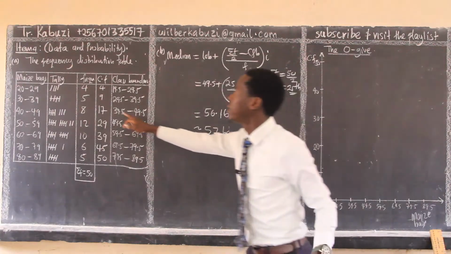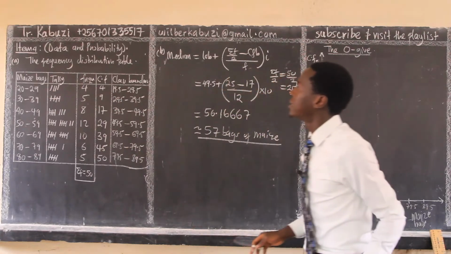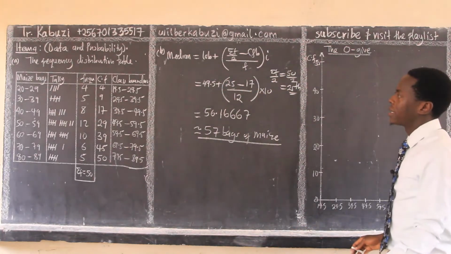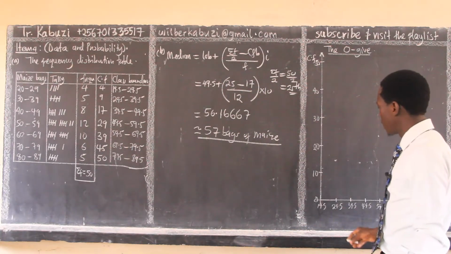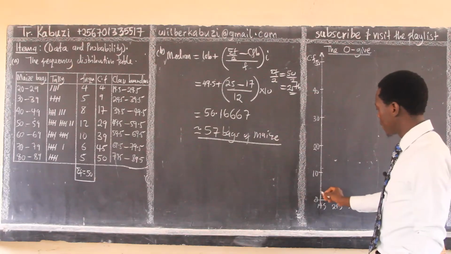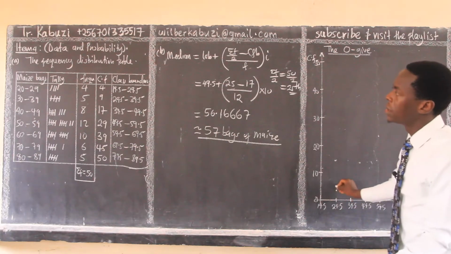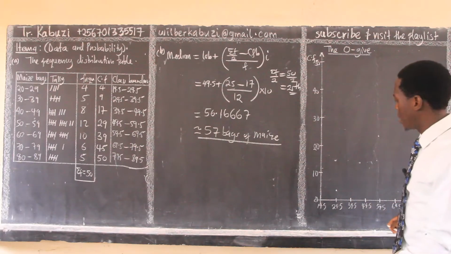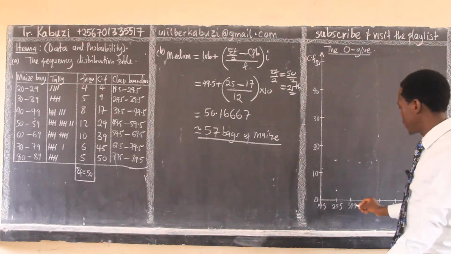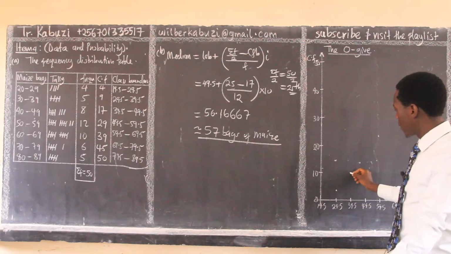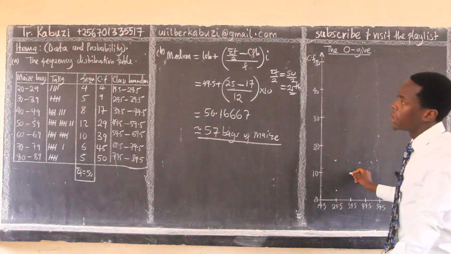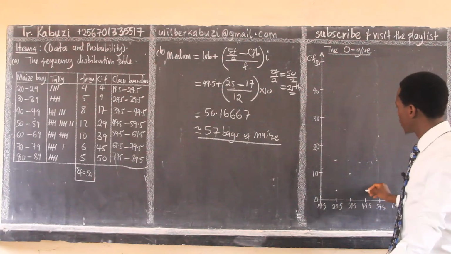Remember, we plot class boundaries against the cumulative frequency. So our 4 is around there with the first one. Then 9 around there. Then 17 somewhere there.